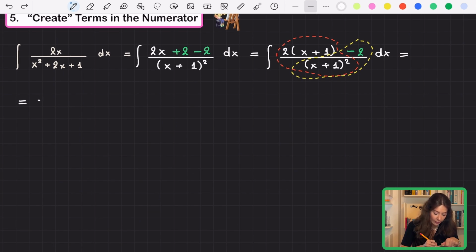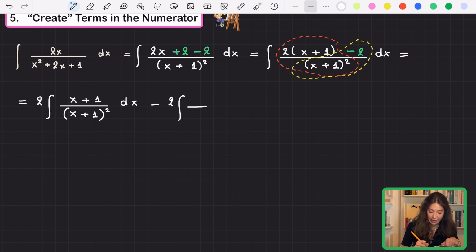Oh, 2 from the first integral comes out of the integrand because that's a constant, and I can do that. X plus 1. Now that there's negative 2 here, I'm going to bring that out as well. Dx over x plus 1.